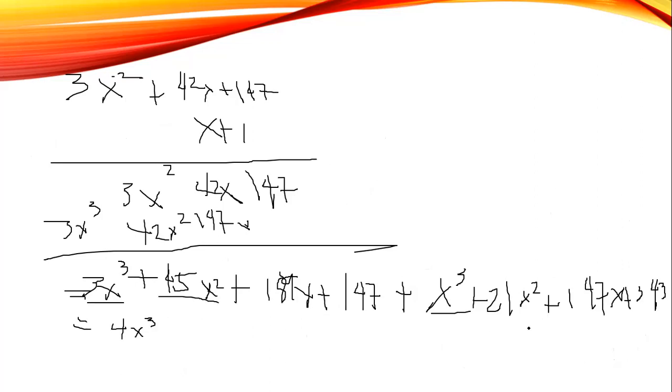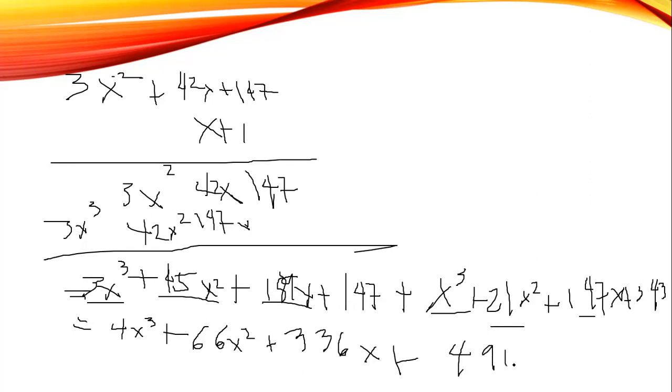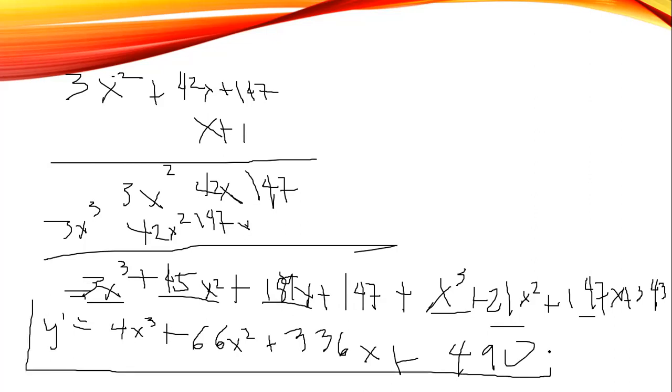We have 45x squared and 21x squared, which is equal to plus 66x squared, plus 189x plus 147x, which is equal to 336x, plus 147 plus 343 is equal to 490. So now, this is the derivative of our function.